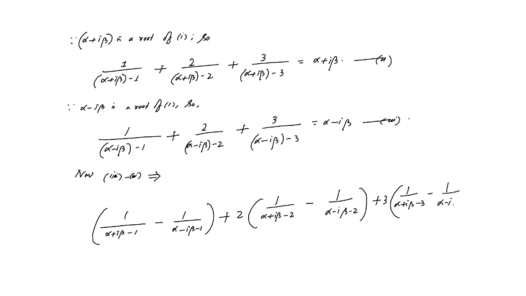This is equal to minus 2 i beta. So alpha basically cancels.